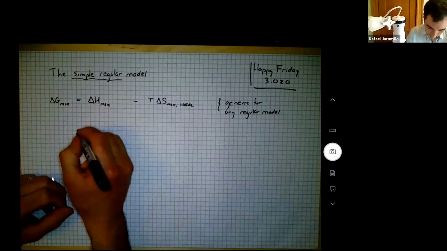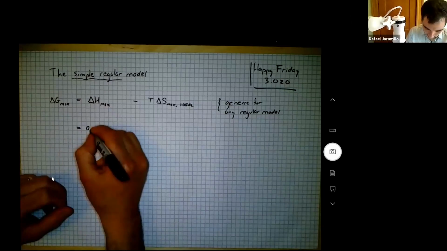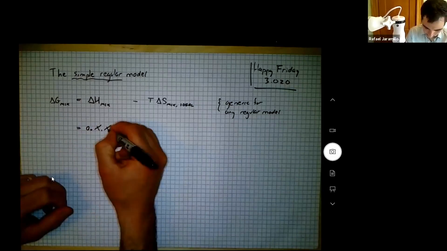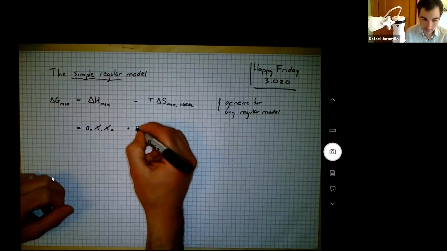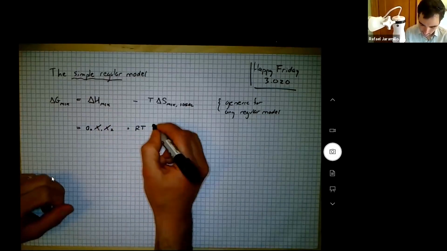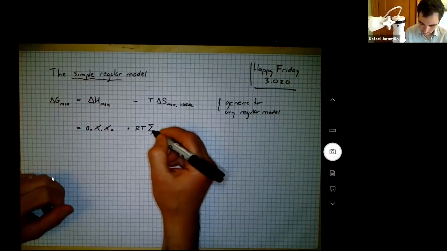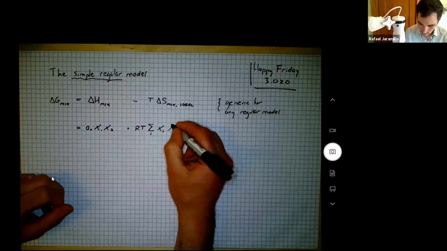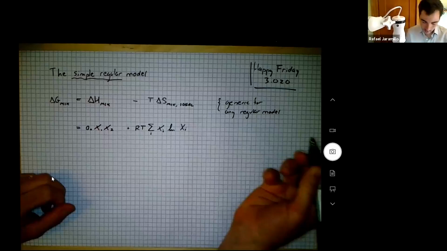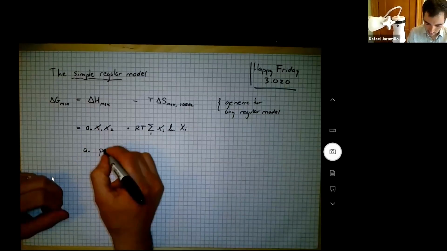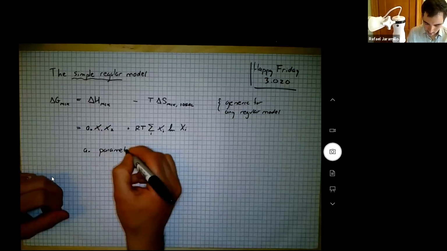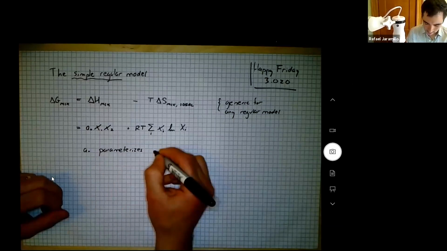And for the simple regular model, we have this form for the enthalpy of mixing, and this can take us a long way, just this relatively simple form where A naught parameterizes the enthalpy of mixing.